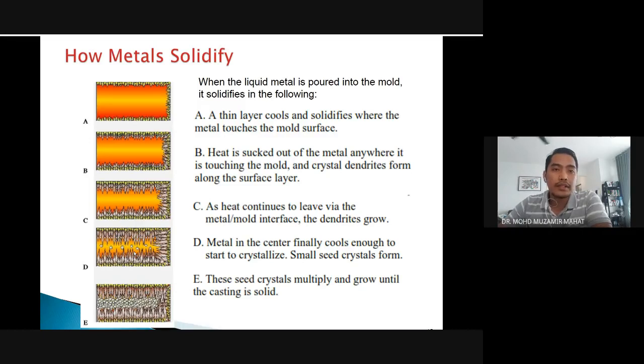Small seed crystals form. Finally, these crystals multiply and grow until the casting is solid. So now it is fully formed as a solid. Now we have the complete solidified metal.